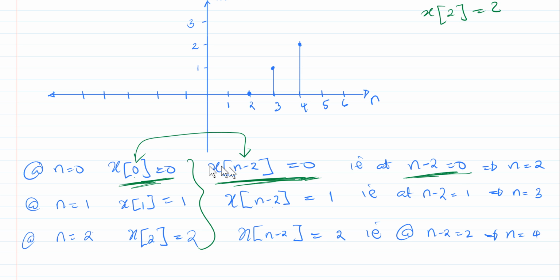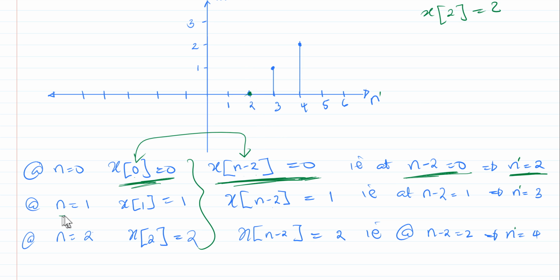So when you say 0 is equal to n minus 2, you figure out that your new value of n, if you call it n prime, is equal to 2. And therefore, our x of n minus 2 will be 0 at our n prime.